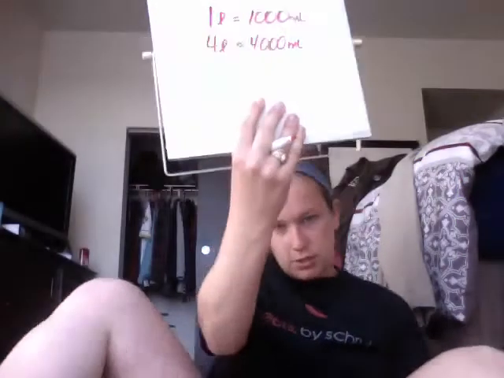So 4 liters equals what? Well, I could draw a diagram, but I'm not going to. All I'm going to have to do is multiply 4 by 1,000, which, using my handy-dandy mental math, I know I'm just going to add 3 zeros to the end of my 4 since I'm multiplying by 1,000. So 4 liters is 4,000 milliliters.